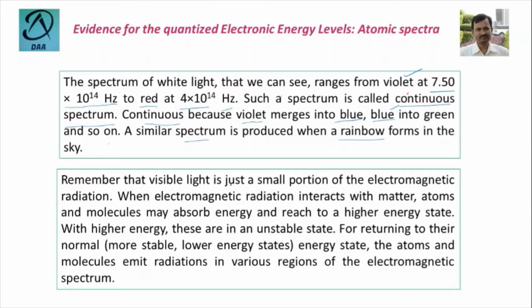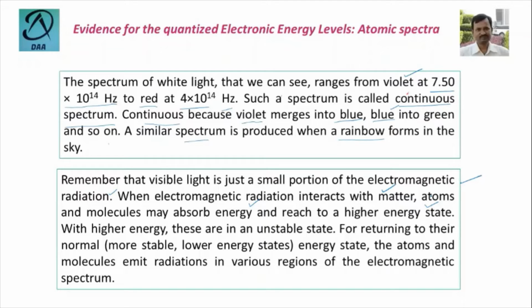Visible light is just a small portion of the electromagnetic radiation. In the previous class, we discussed this in detail. Whoever did not see that class, please see it, then you will understand. When electromagnetic radiation interacts with matter, atoms and molecules may absorb the energy and reach a higher energy state.